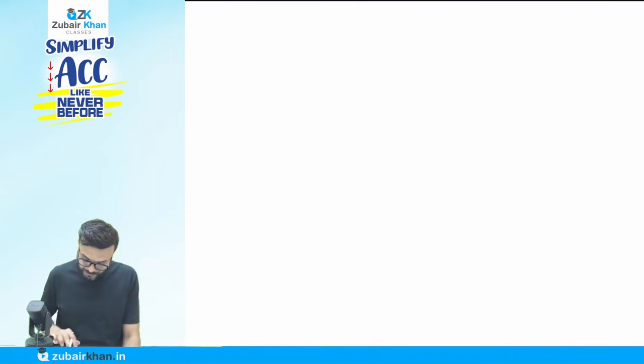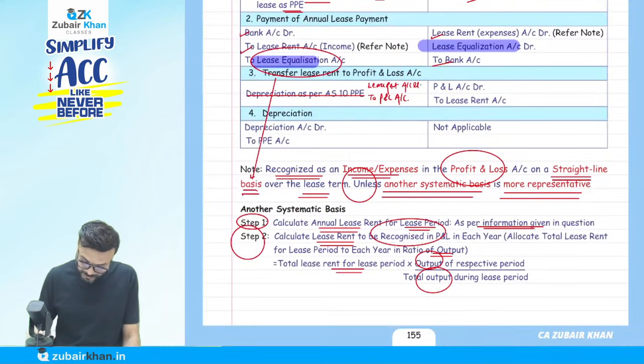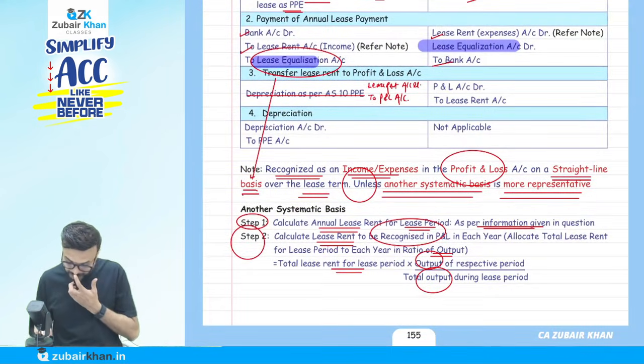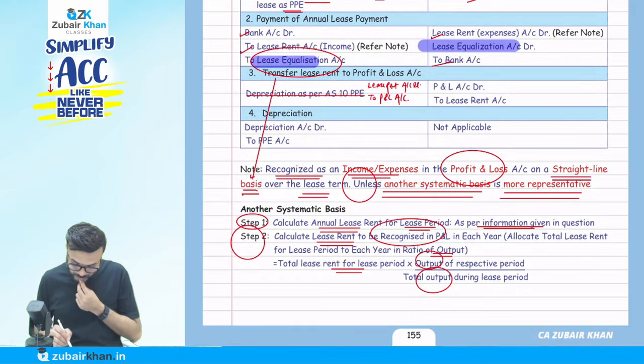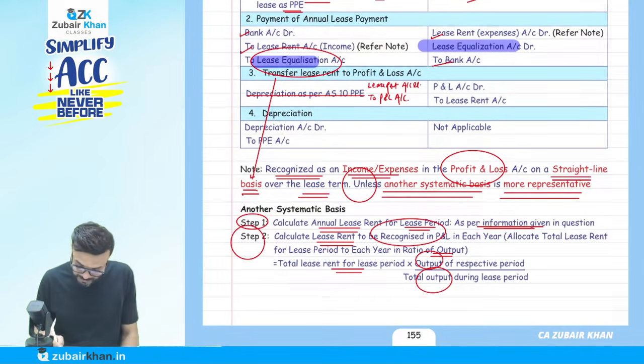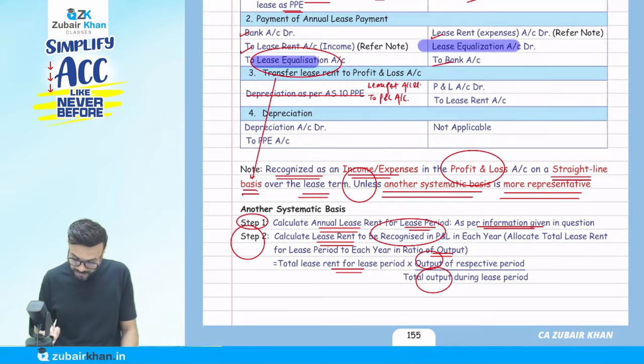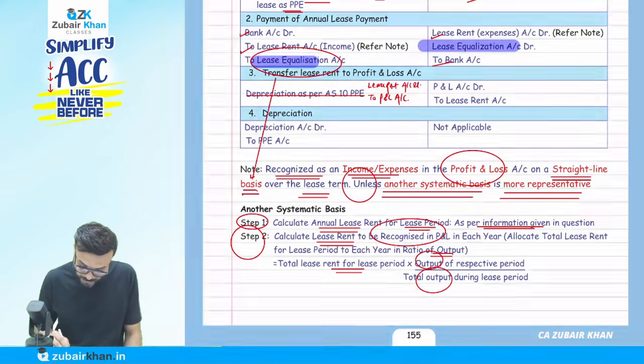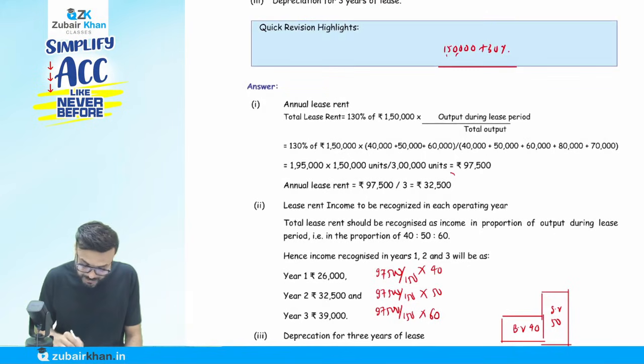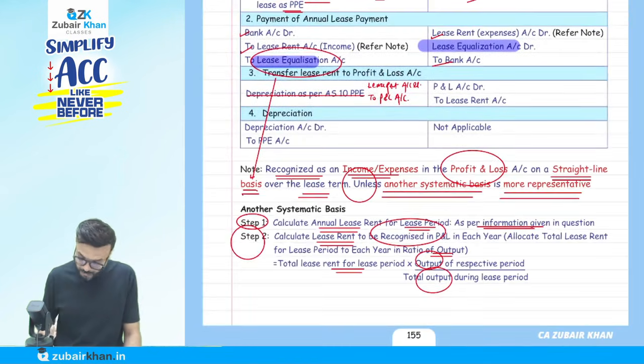Now here they say the annual lease rental, as per the information given in the question, is based on the total lease rental. So the total lease rental is 1,95,000 divided by the total output, which is 300, multiplied by the output of the respective period.